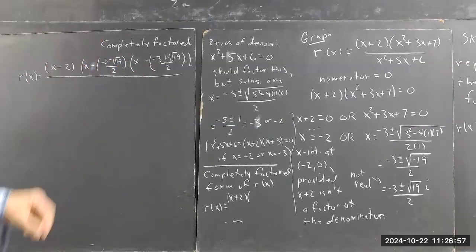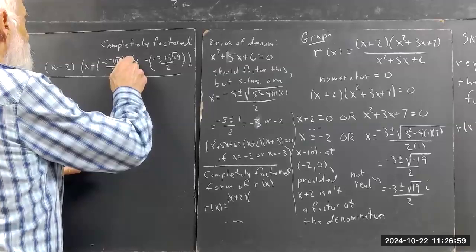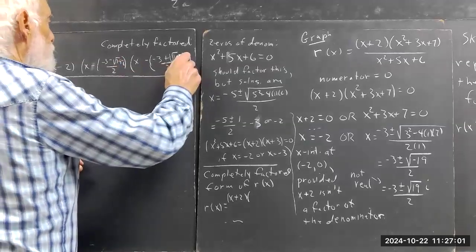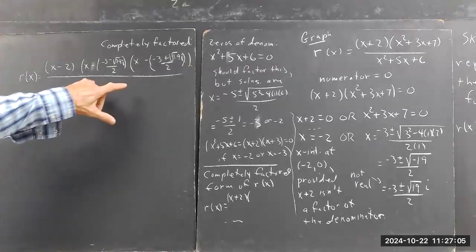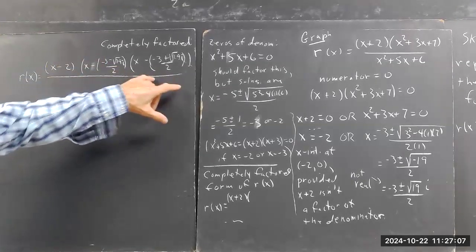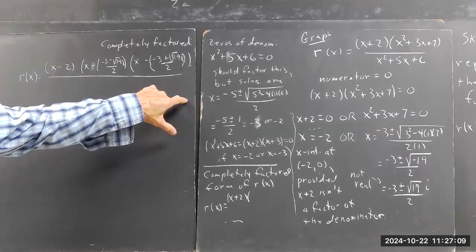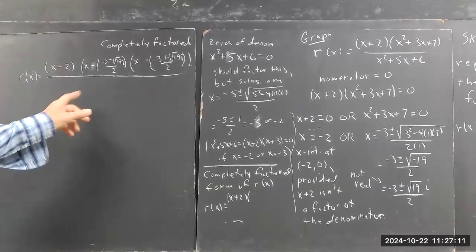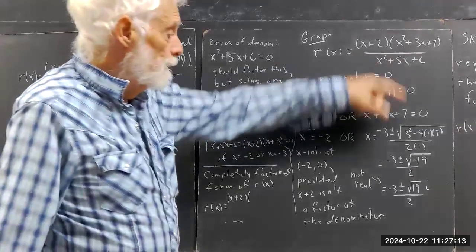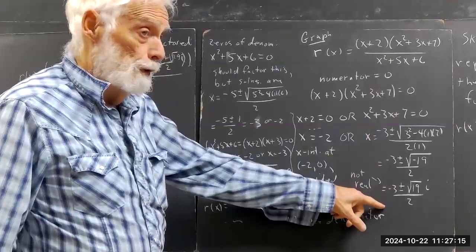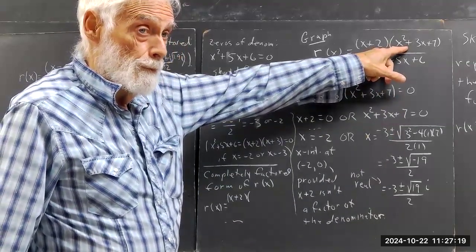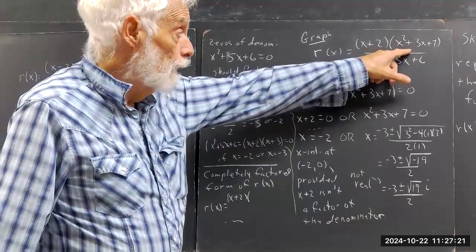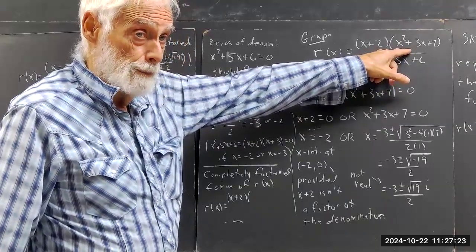Now these have an i in them. As far as graphing the function, you don't need these. So as far as graphing the function, you could just say that once you found that you don't get real zeros from this quadratic, then you call that an irreducible quadratic.